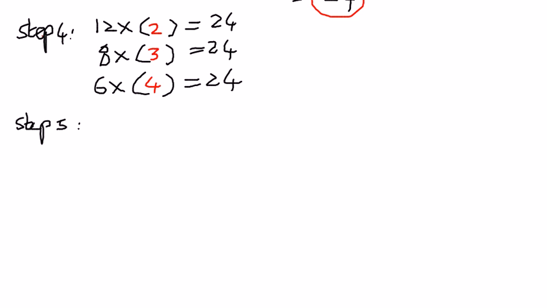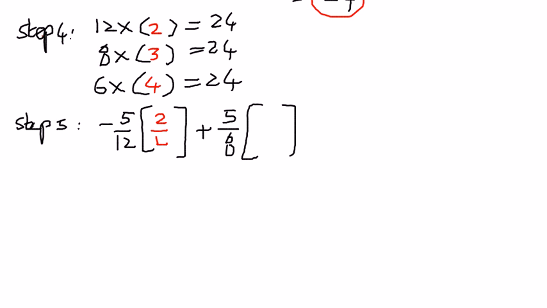We take the first fraction, which is negative 5 over 12, and we multiply and divide by 2 here. So we're going to take 2 divided by 2. 12 times 2 is 24. We take the second fraction, which is 5 over 8. We multiply and divide by 3 here, 3 divided by 3. Let me write this a little better.